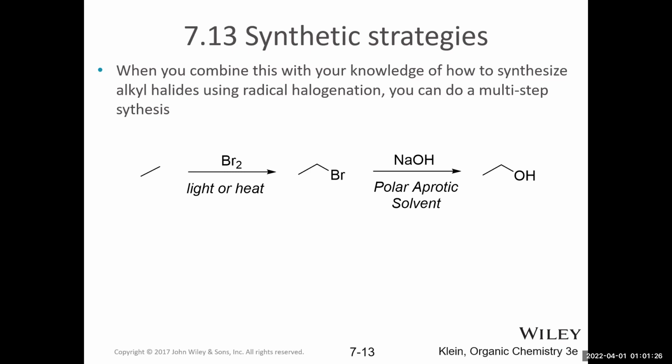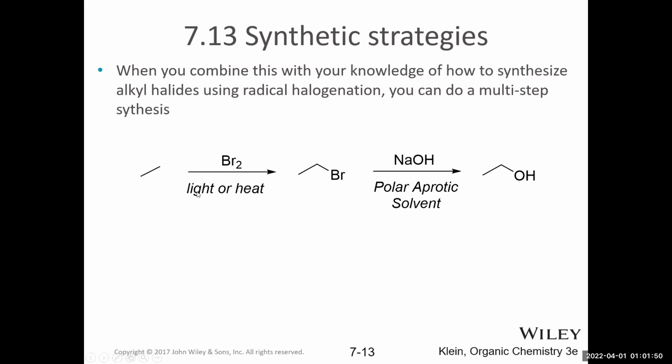Multi-step syntheses as we move through the year of organic chemistry. So what is it you know how to do? Well, remember that from the radical halogenation chapter, which is either chapter 10 or 11, depending on the edition of the book that you're using, we learned how to convert alkanes into alkyl halides.